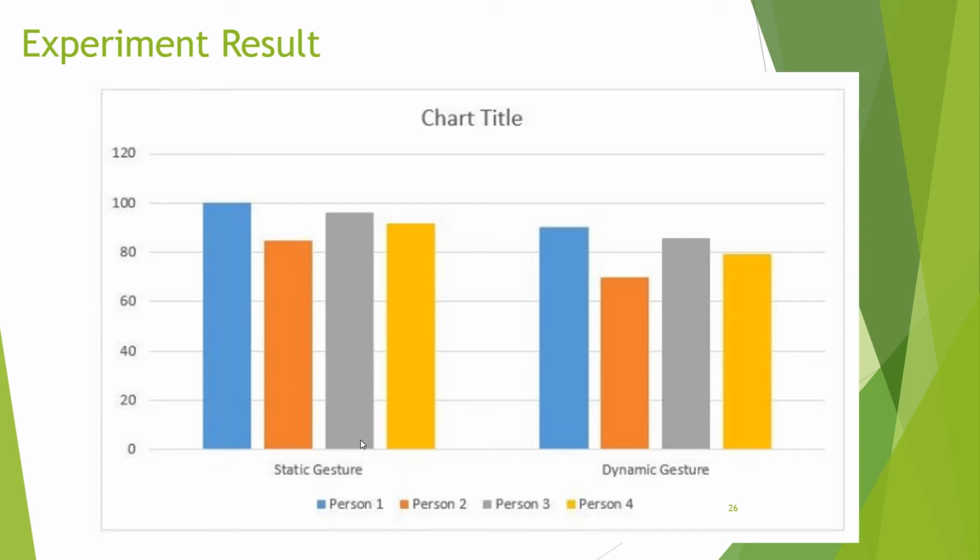You can see that person 2 has a lower recognition rate because their hand is a little bit smaller and sometimes hard to detect. The dynamic gestures are more difficult than the static gesture recognition, as you can see from the lower average result.